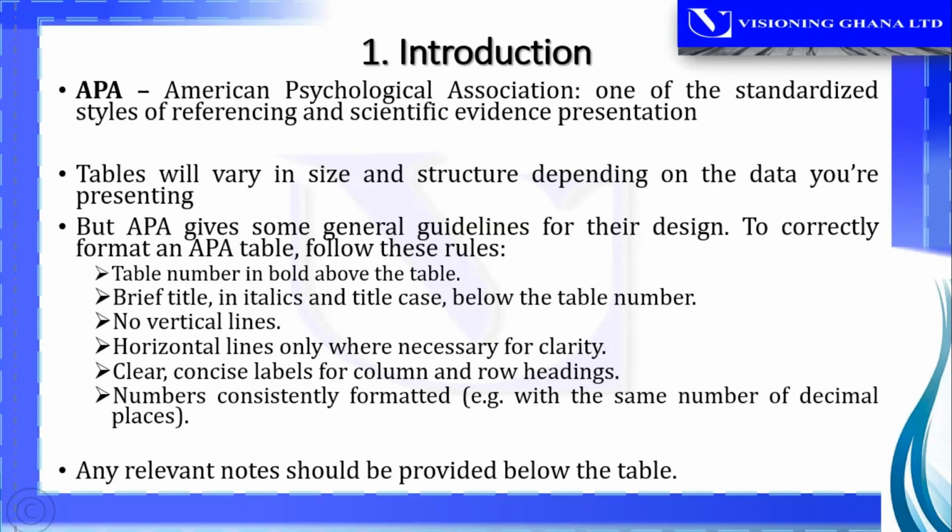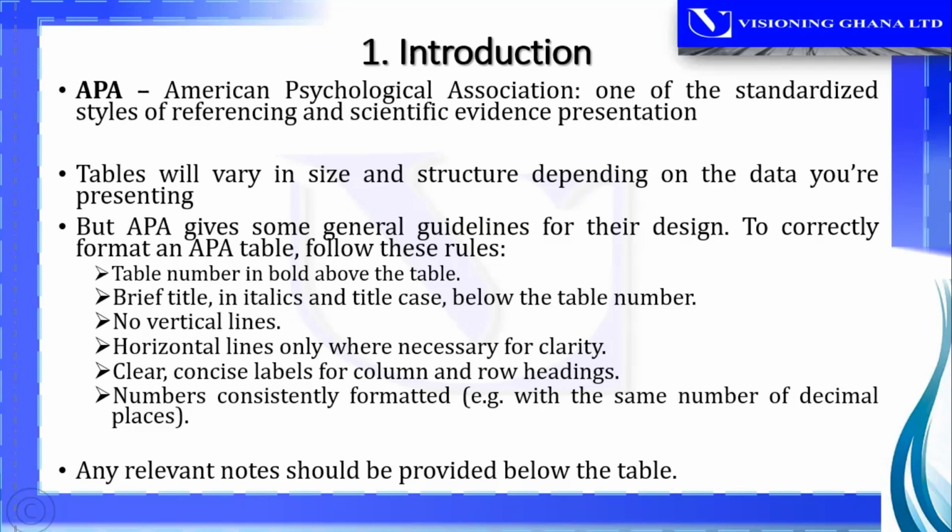And these are some of the rules that have to be on the tables that you are going to generate. So the tables will vary in sizes and structure depending on the data you are presenting on the table. And APA gives us a general guideline for how we should design the table.